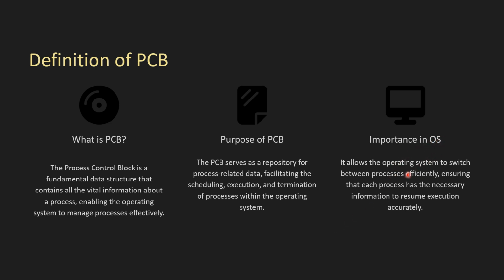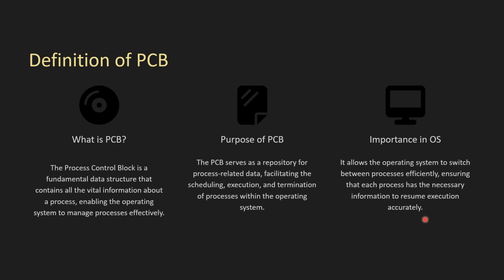Importance in OS. Let's summarize why the PCB is important. It allows the operating system to switch between processes efficiently, ensuring that each process has the necessary information to resume execution accurately.